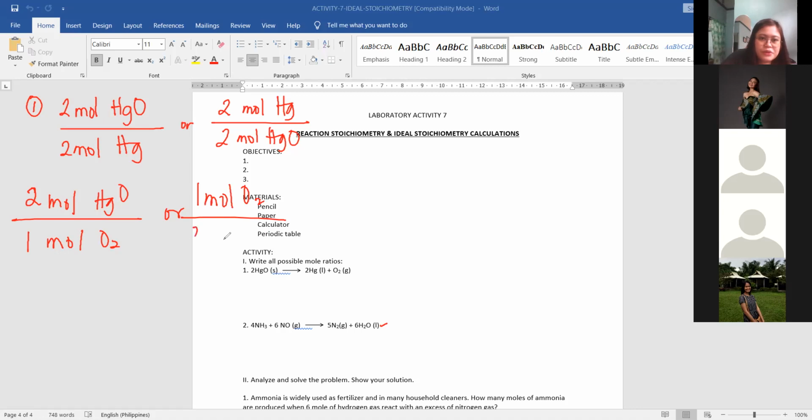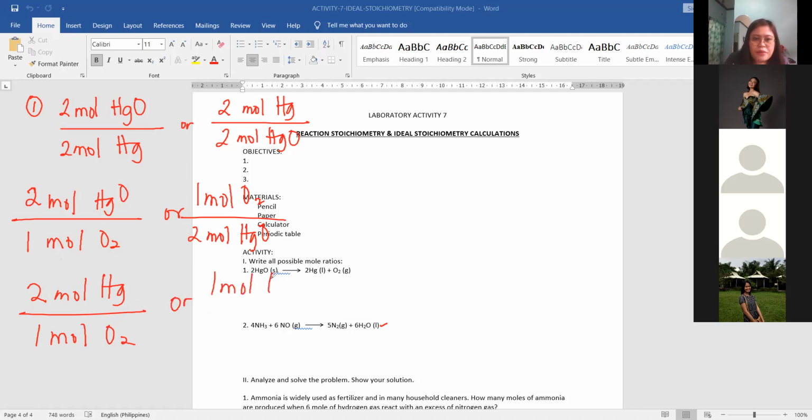So 2 moles of mercuric oxide. So that's the second possible mole ratio. And then you can also write, if you have 2 moles of mercury produced in the reaction, 1 mole of oxygen will also be produced. And the reverse of that, 1 mole of oxygen is produced with 2 moles of mercury. So these are the possible mole ratios for our number 1.